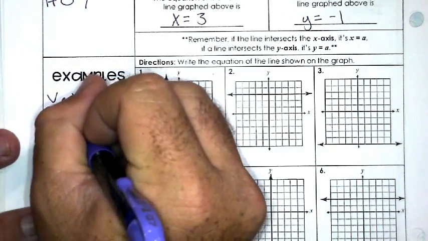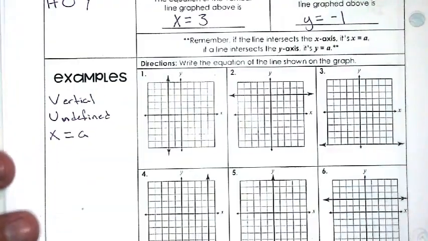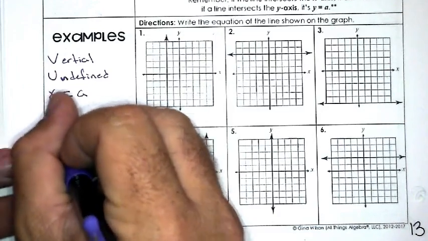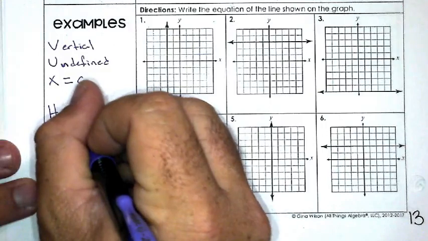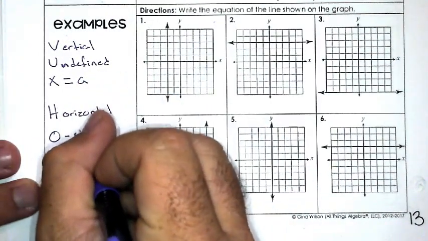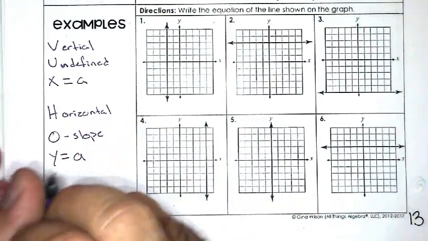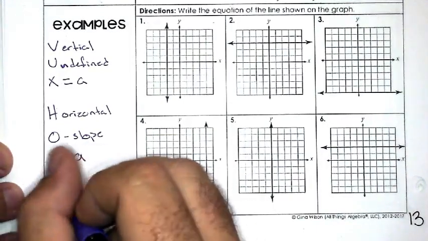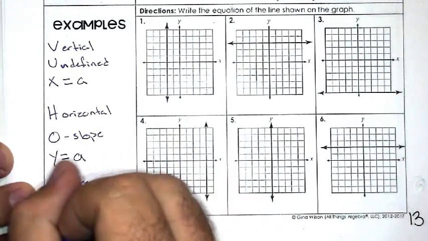OI is when I have a horizontal line and I have a zero slope, to where I have the y equals a, aka the intercept, where a represents each intercept. A represents each intercept.